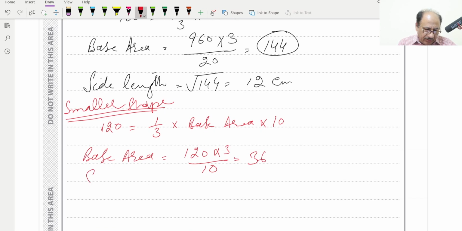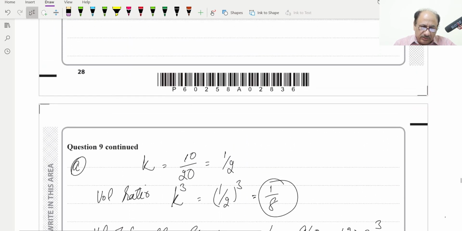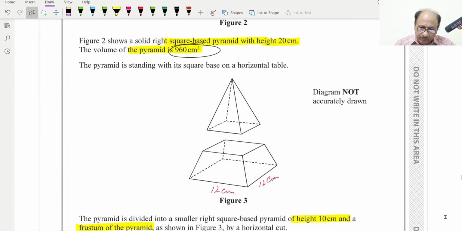And the side length we can also find. The side length will be equal to the square root of 36, which is equal to 6 centimeters. So we got this information that this side is 6 centimeter, 6 centimeter, 6 centimeter.